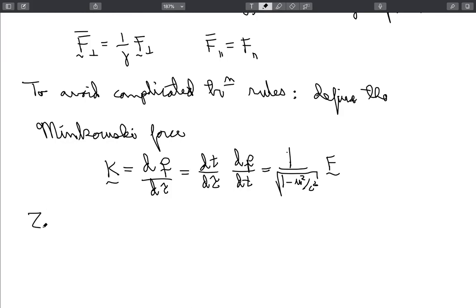And we can also consider a zeroth component to this to make it a proper 4-vector. This zeroth component, K0, would just be, by the same definition, dp0/dτ.